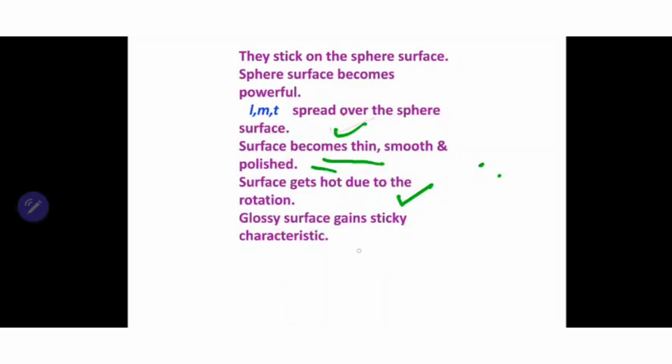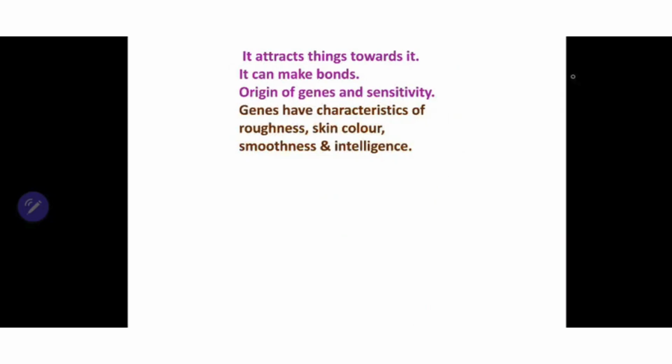It can stick things on it. It becomes a sticky surface. When the surface is sticky, it can make bonds with other things, and this is where the origin of genes and sensitivity begins in the universe.